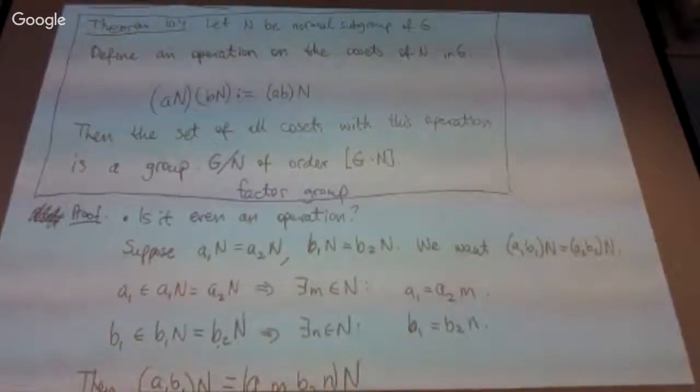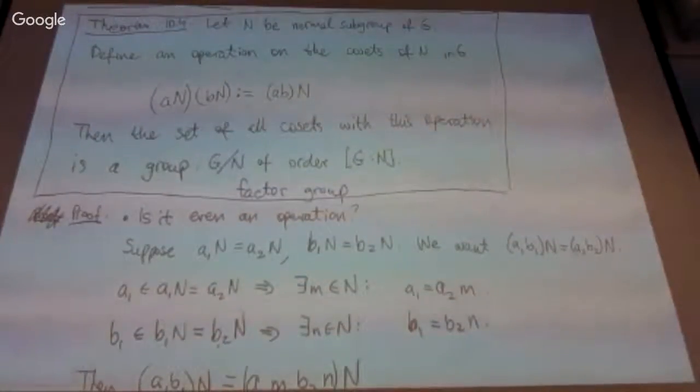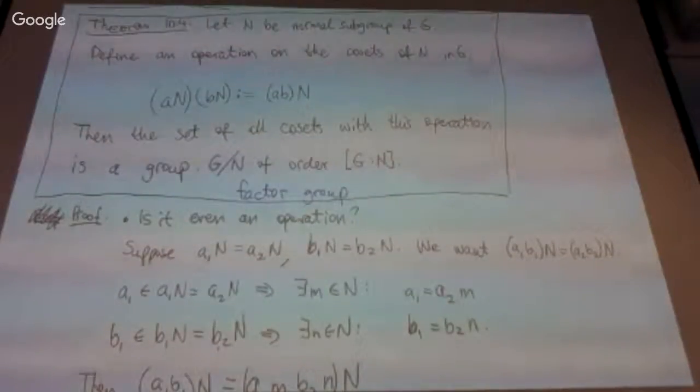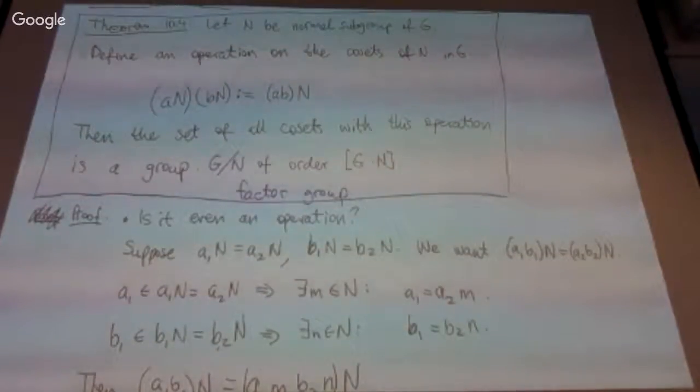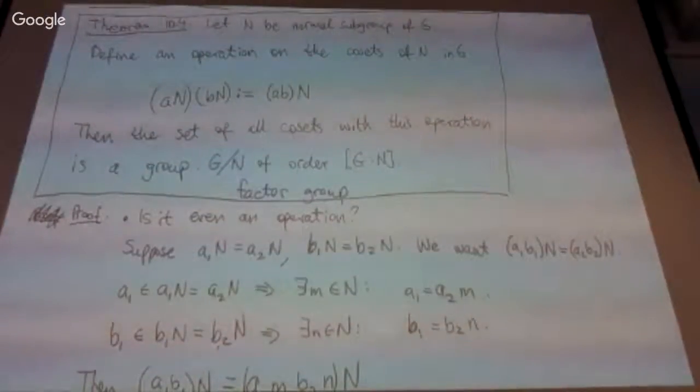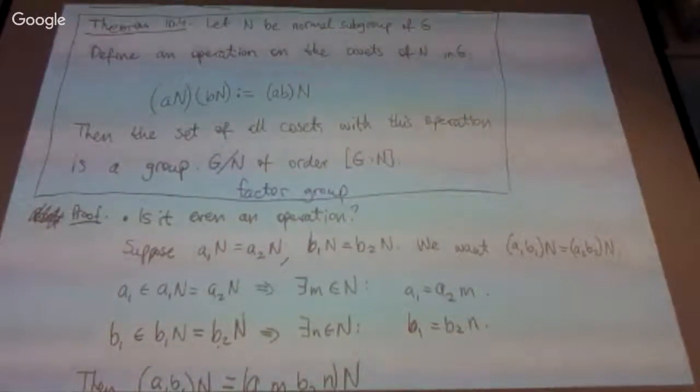And there's an operation, that's what we discussed yesterday, where you can take any element from each of the two cosets, and when you multiply the two elements in the group, you get the element that defines the coset as a result.